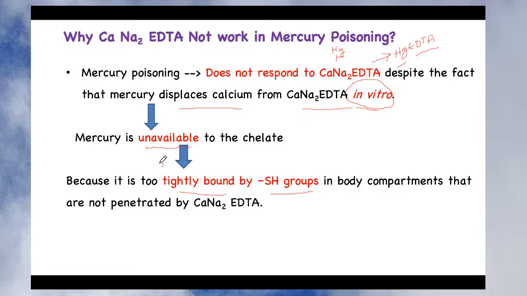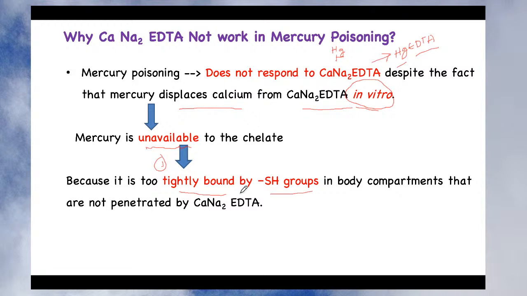The second interesting reason is that calcium disodium EDTA does not penetrate the body compartment where the mercury forms a very tight complex with the SH group. So there are two reasons. First, the complex formed between mercury and the SH group in the body compartment is covalent in nature, meaning it forms a very tightly bound complex. Second, calcium disodium EDTA does not penetrate the body compartment.